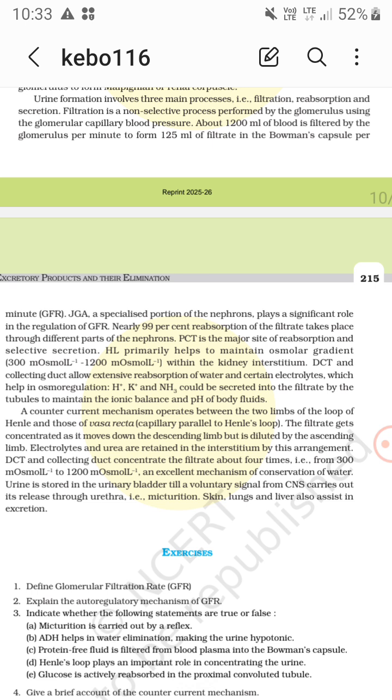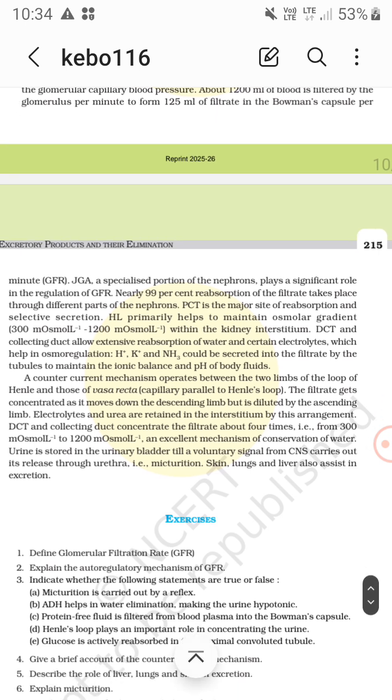Now nearly 99% of the reabsorption of the filtrate takes place through different parts of the nephrons.